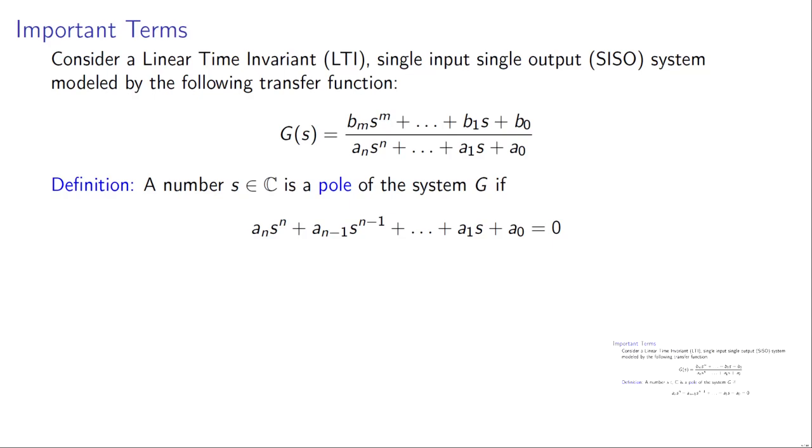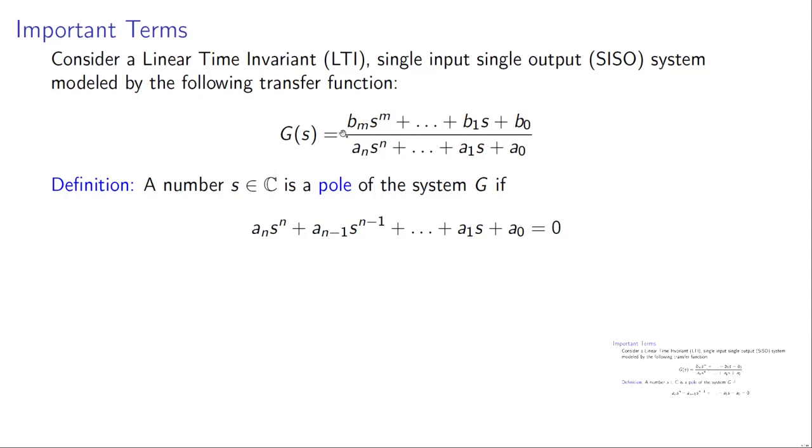First, a number S belonging to the complex numbers is a pole of the system G if, when I replace S in the denominator, I find 0. So for a number to be a pole of the system, it needs to be a root of the denominator.